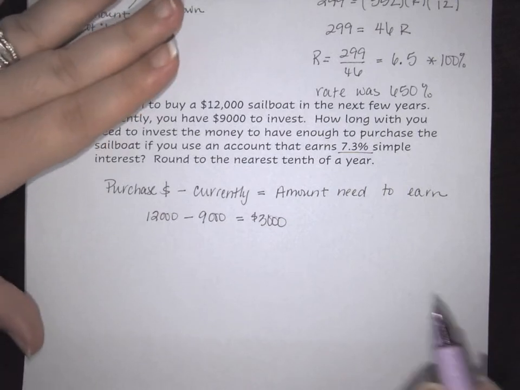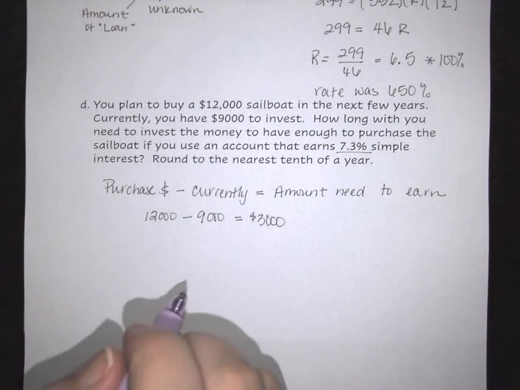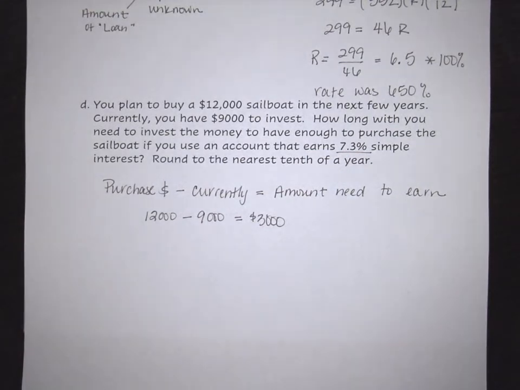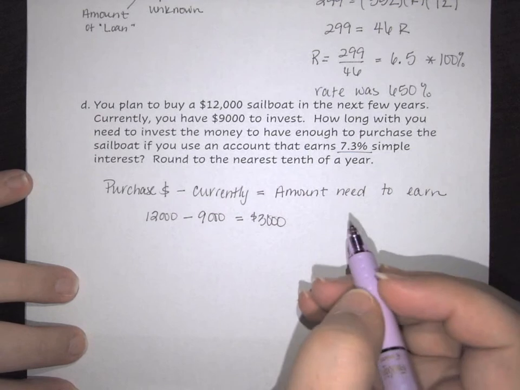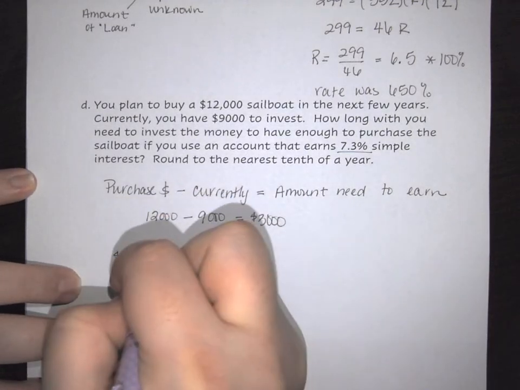In this case, we would set it up so that the interest would be the $3,000 that we want.